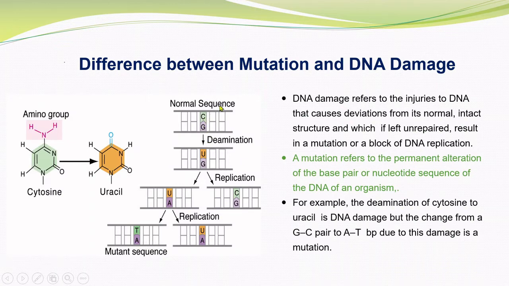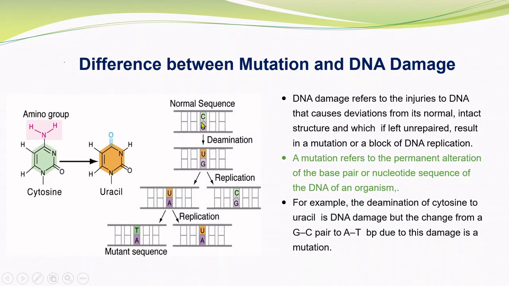So that means this GC base pair, due to deamination of uracil, which is not repaired, ultimately leads to the substitution of the base pair of GC to AT base pair.